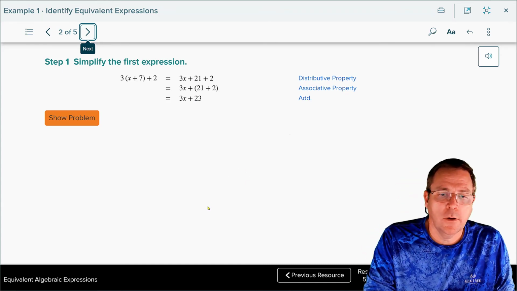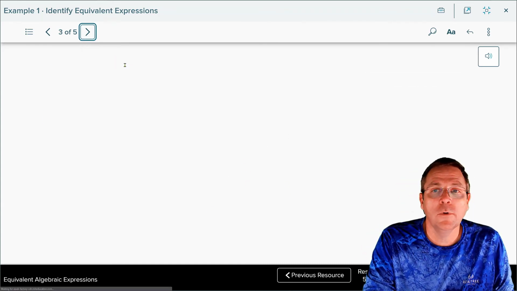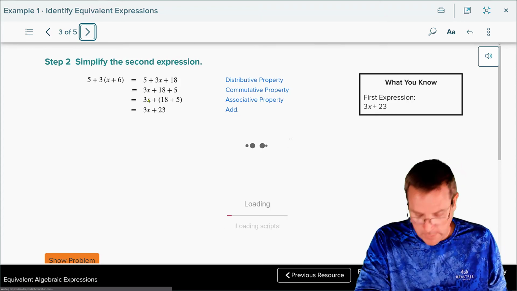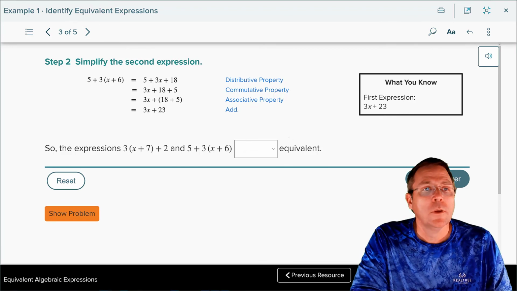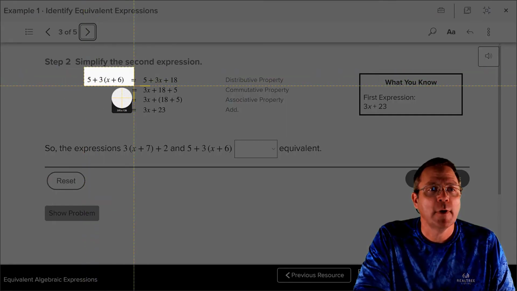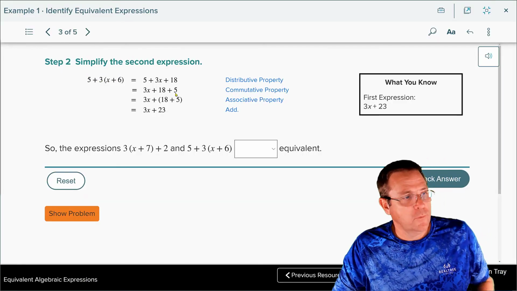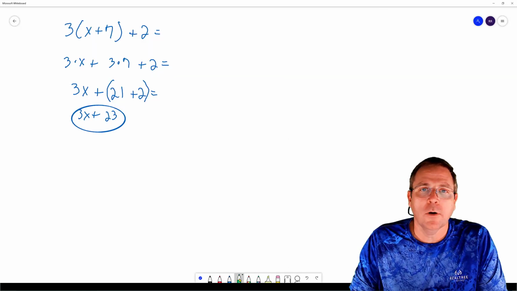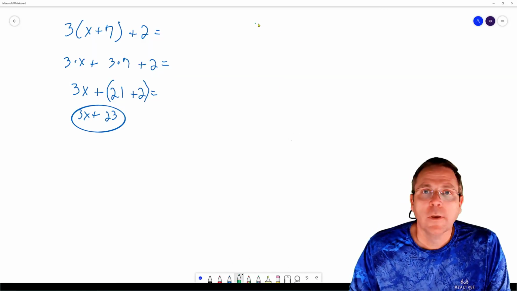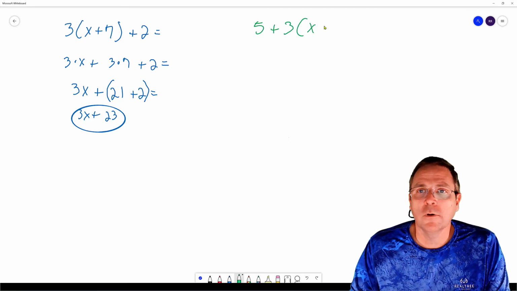Now I'm going to move over, and here's their next problem, and I'm going to work that one separately too. So that one is going to be 5 plus 3 times the sum of x and 6. I'm going to grab my green marker, and I'm going to say 5 plus 3 times the sum of x and 6.